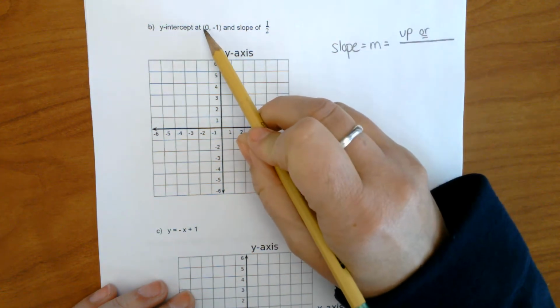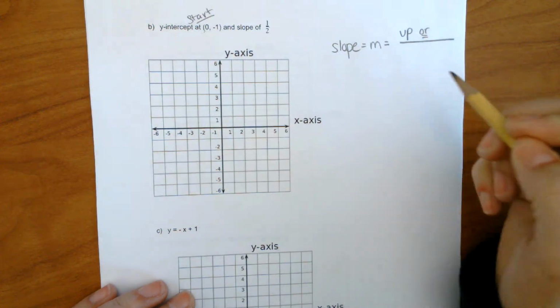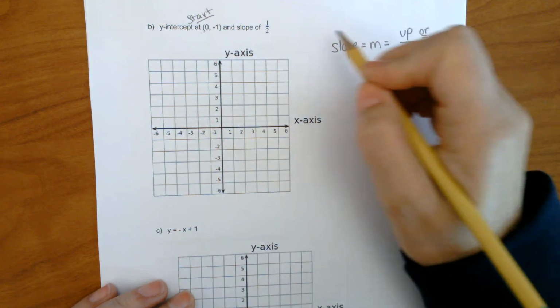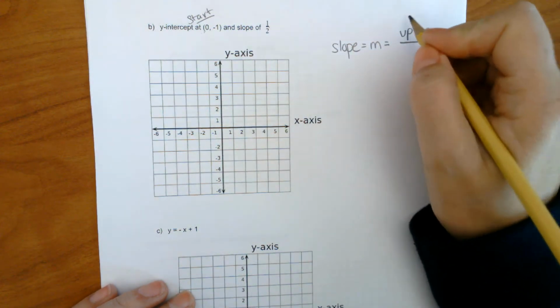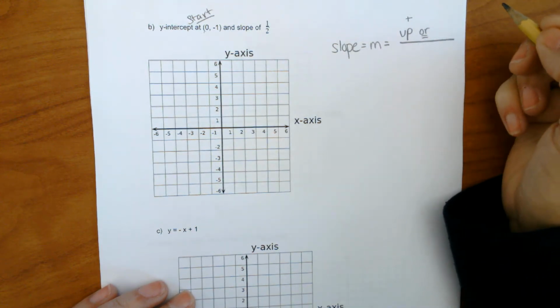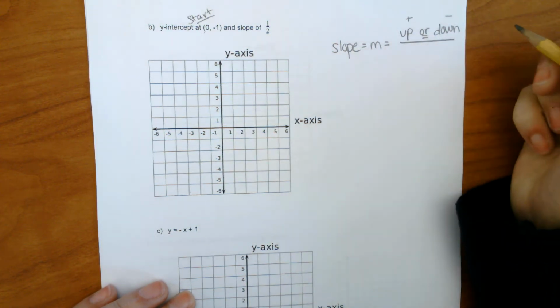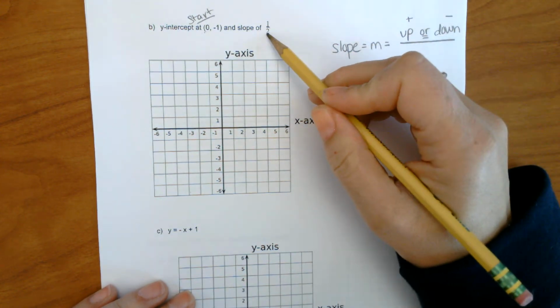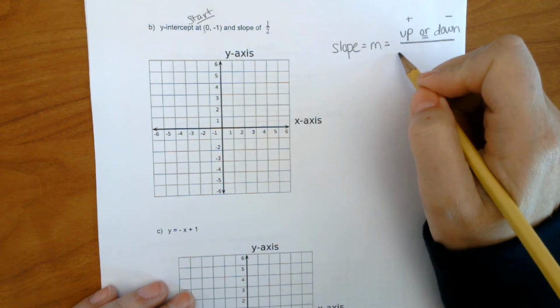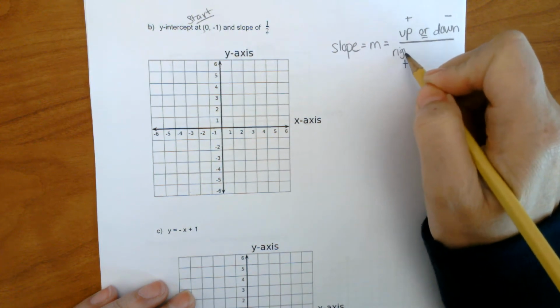We're going to be starting at this y-intercept. This is our start point always on the y when we're graphing a line. Then here's our directions. So if the number on top or in the numerator is positive, we're going to go up. If the number in the numerator is negative, we go down. Then we look at the denominator. If the denominator is positive, we're going to be going to the right.